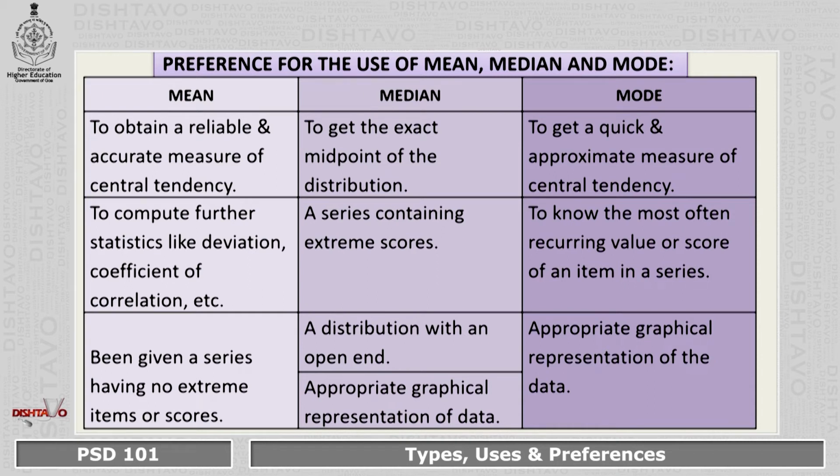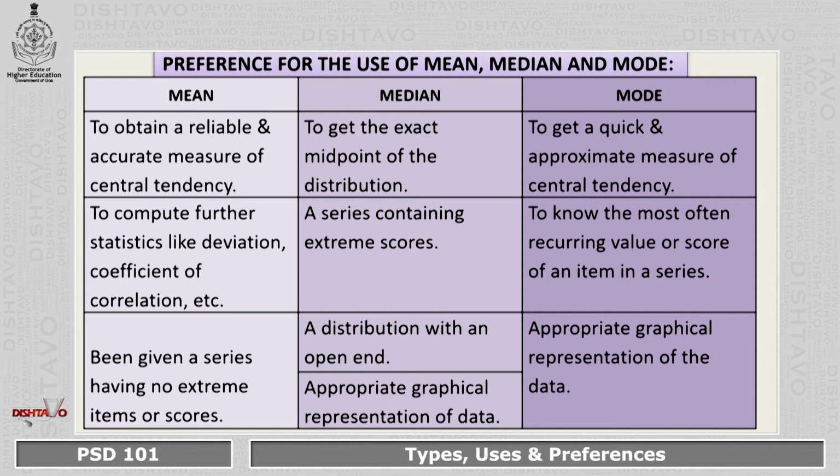We also calculate the mean when we want to compute further statistics like standard deviation, coefficient of correlations, analysis of variance, and so on. And we also prefer to compute the mean when we have been given a series having no extreme items or scores. So these are the three situations in which we prefer to use the mean.